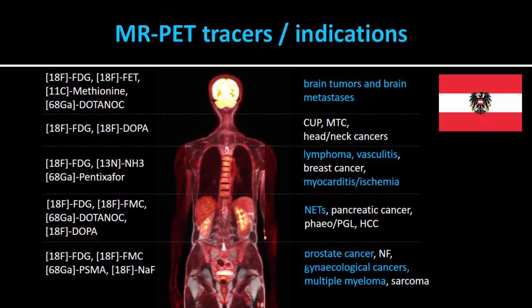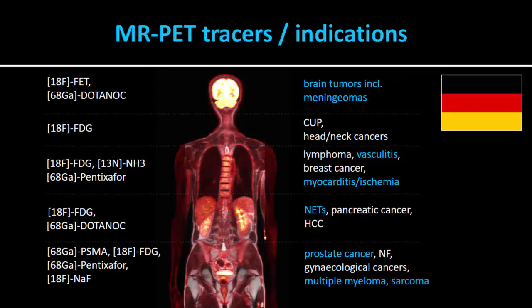Now, prostate cancer, this could probably be one of the killer applications for PET-MR. MR is extremely strong in this department, and PET with the PSMA tracers that are now becoming popular has a highly sensitive and specific way of assessing this cancer. And the gynecological cancers as well as multiple myeloma.